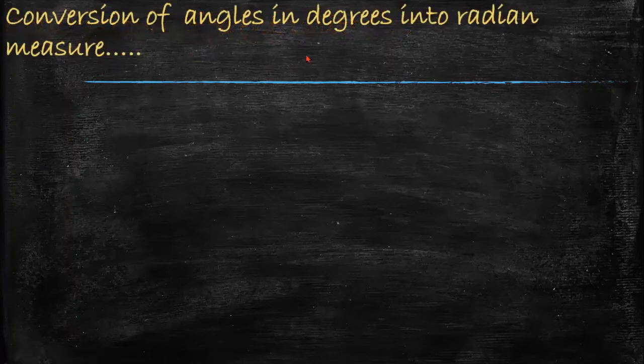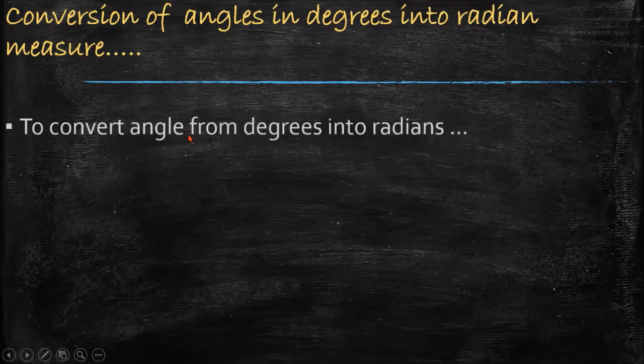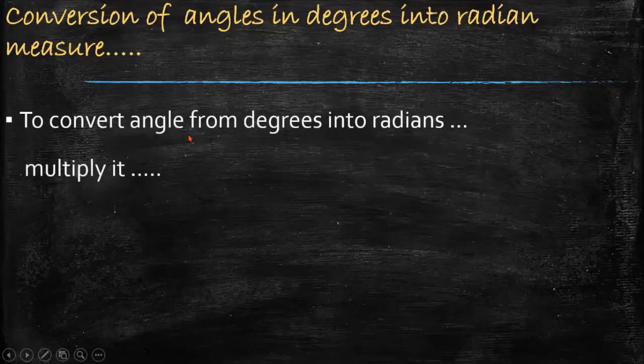Conversion of angles in degrees into radians. So let us recall what we have to do to convert angles from degrees into radians. Multiply it by pi by 180.